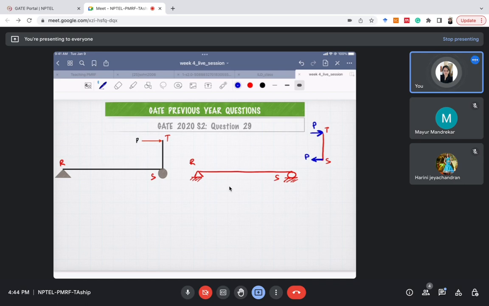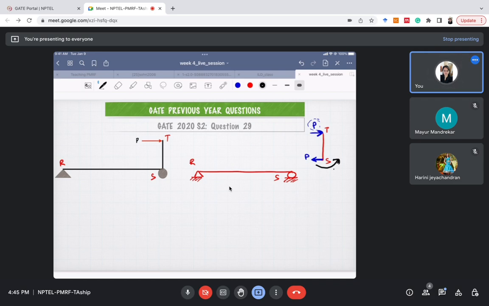Now, because of this applied load P, we will also have a moment here. What would be the direction of this moment? It will be opposite to what this load P is trying to rotate. This load is trying to rotate this part TS in the clockwise direction, so we will have an anti-clockwise moment in the opposite direction to balance it.